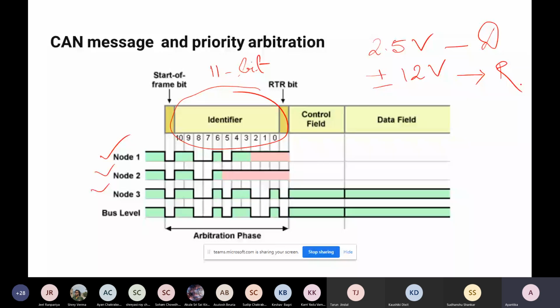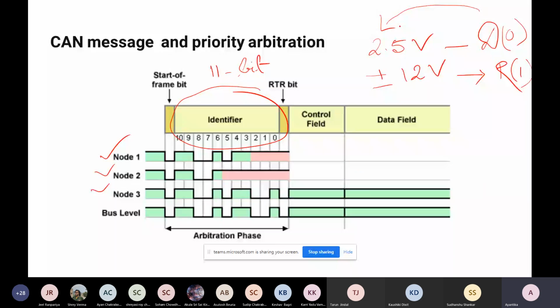Now let's consider in simple terms this dominant bit as low level, that means 0, and this is 1. Just the concept of CAN, that 0 and 1 is not directly considered as a high voltage or low voltage, not like that. This dominance or recessiveness is determined by these values of differential voltage.